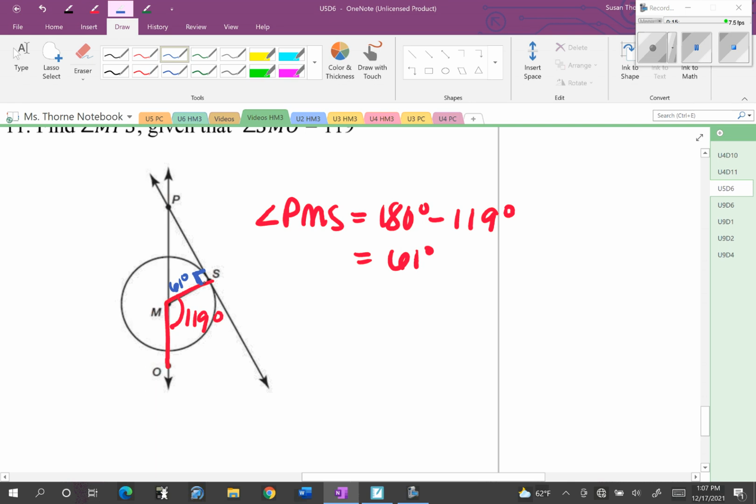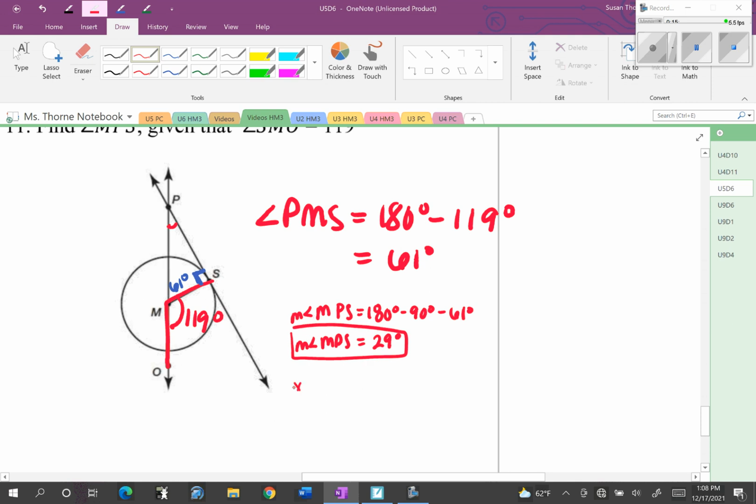So if we want to solve for this angle up here, we're just using the triangle sum theorem. So the measure of angle MPS equals 180 degrees minus 90 degrees minus 61 degrees. So the measure of angle MPS is equal to 29 degrees.